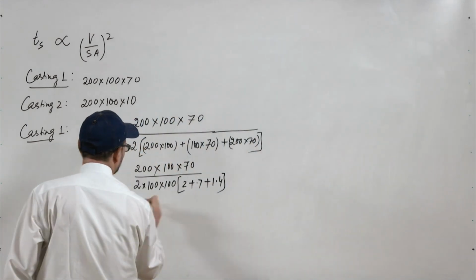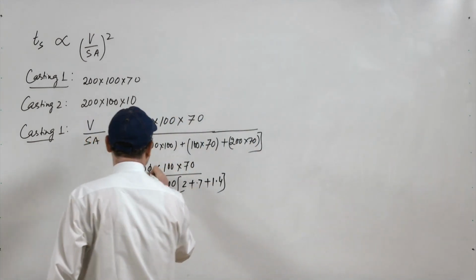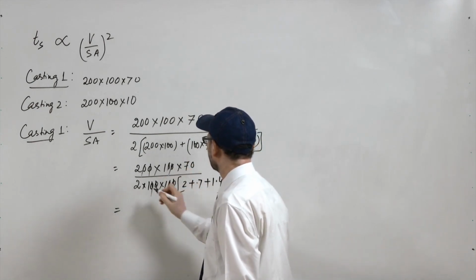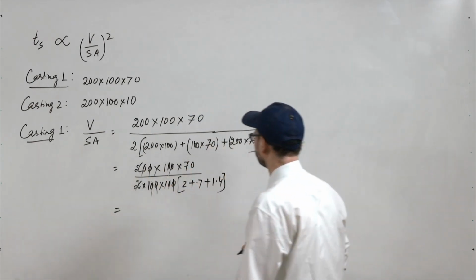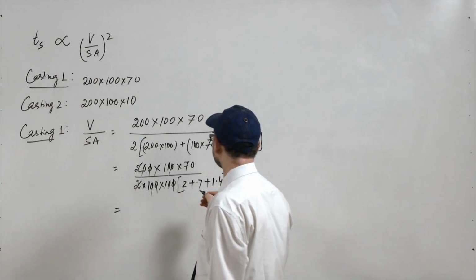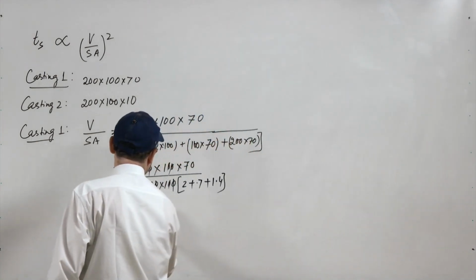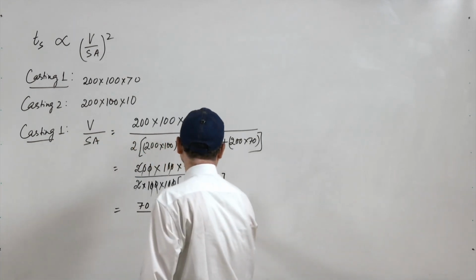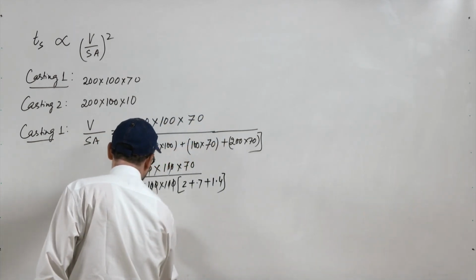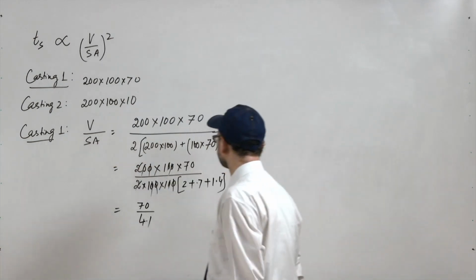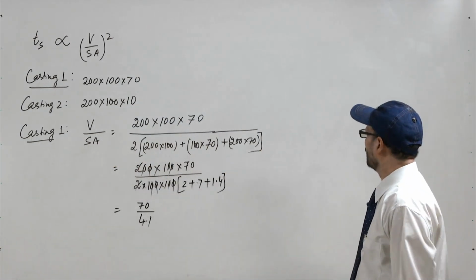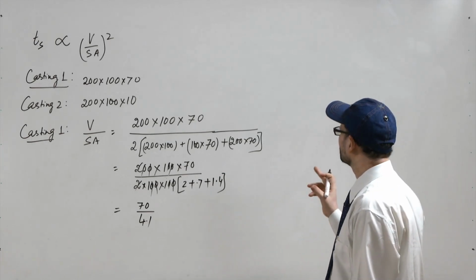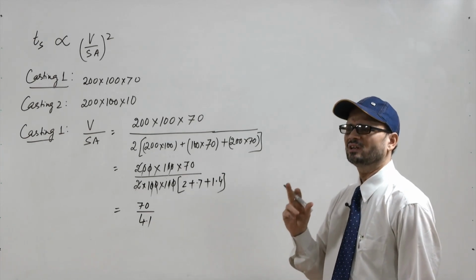We can cancel a few zeros, this 2 will also cancel. You will have 70 upon 4.1. So, this is how you get the volume upon surface area for casting 1.